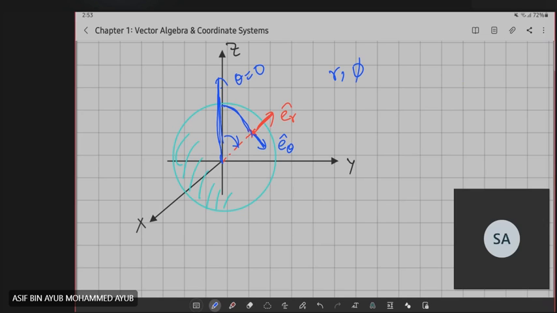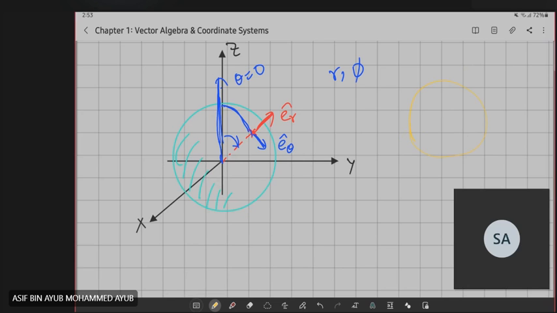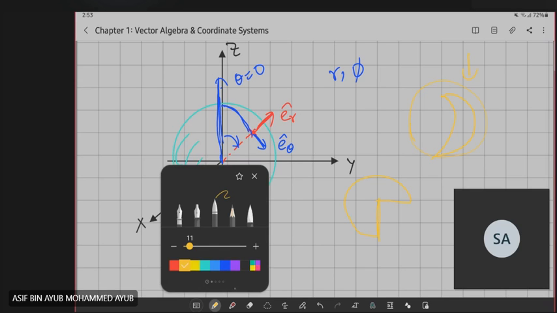Okay, now let's look at phi. Now phi, you can imagine, suppose I have an orange fruit in here, and I take a slice out of it, like this. If you're looking at it from the top, you'll see something like this. Phi is called the azimuthal angle.